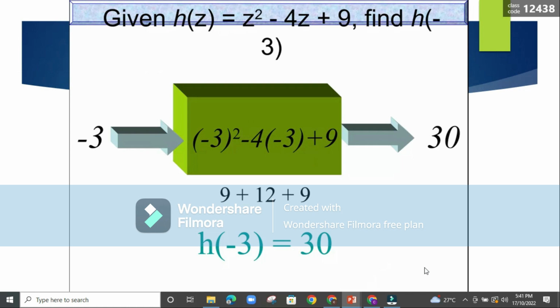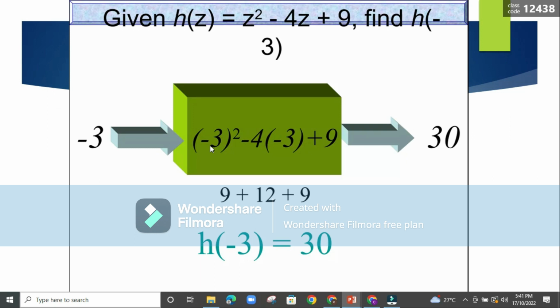Okay, let's proceed. Given h of z is equal to z squared minus 4z plus 9, find h of negative 3. So negative 3 is the input, the function is z squared minus 4z plus 9. Every time we encounter z, we're going to replace that with negative 3.